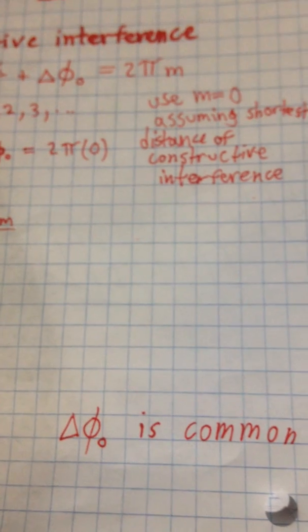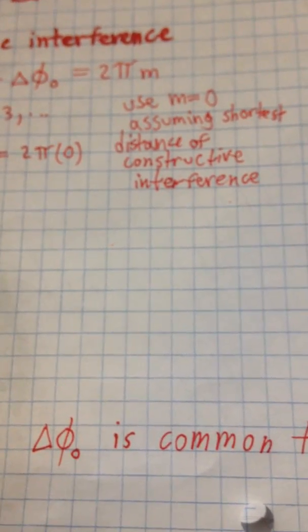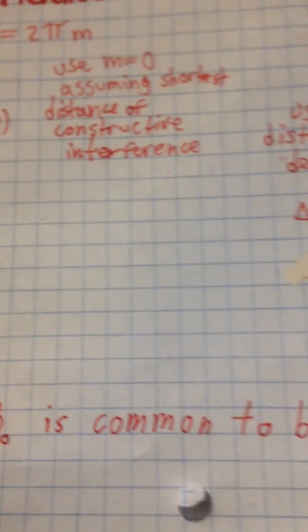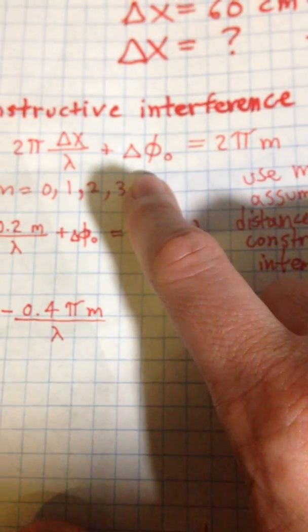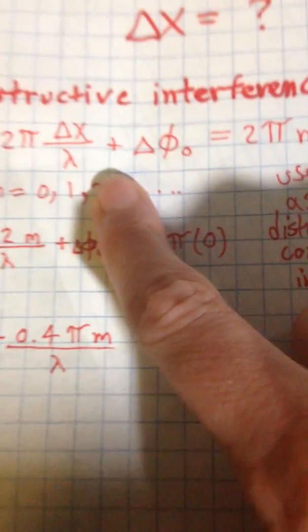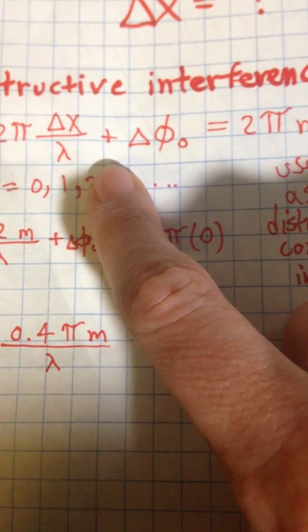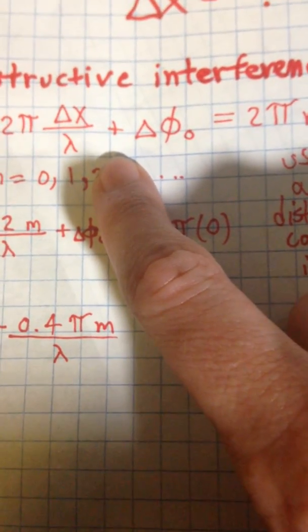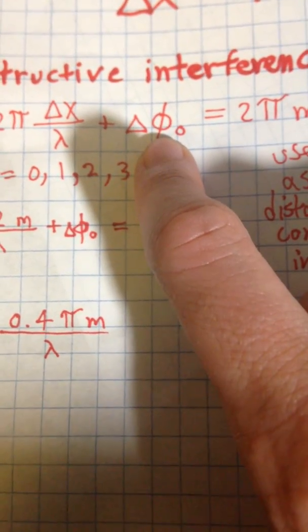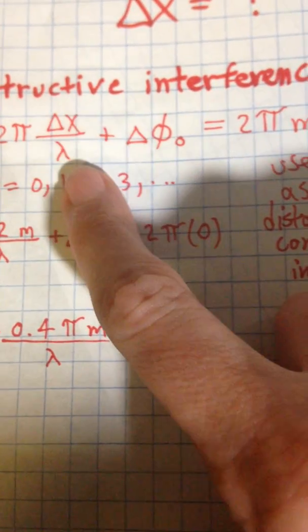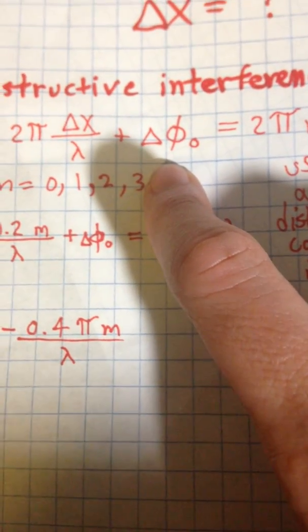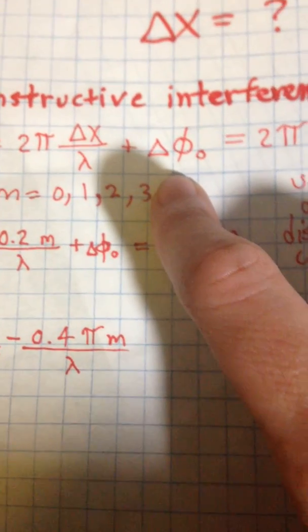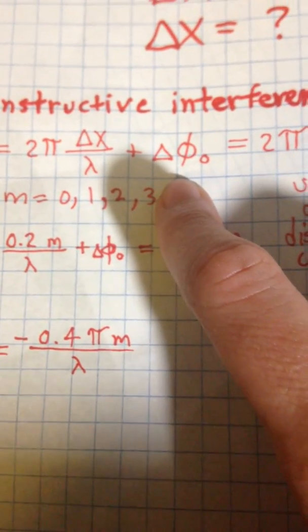And the change takes both of them into account because it's just the difference between the two. So that's common to both. And so if we can solve this equation in terms of that, then it will be in terms of only the unknown wavelength, which is actually what we're trying to solve for in the first part.